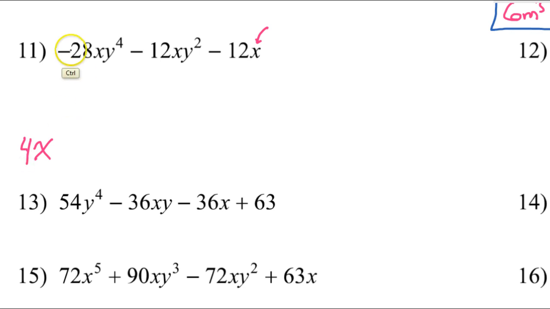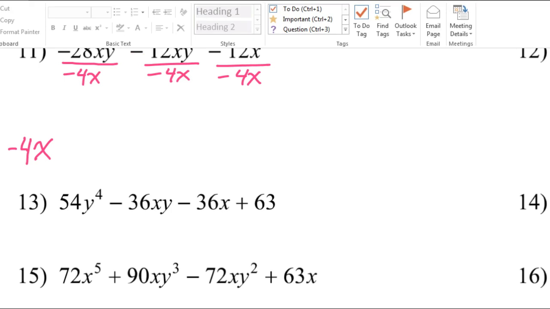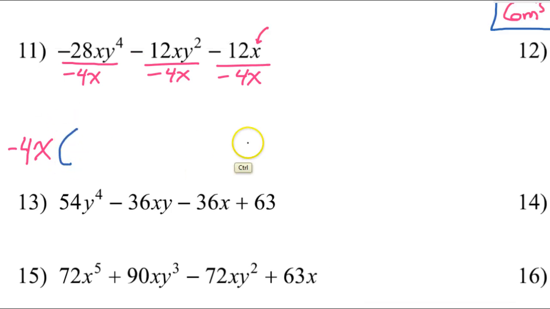Now, because the leading coefficient is negative, I'm going to go ahead and include the negative in my GCF. So I'm going to divide all of these by negative 4x. And that will show me what goes on the inside.